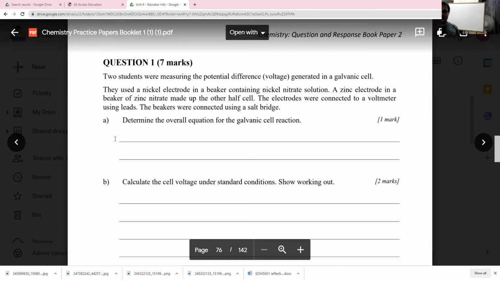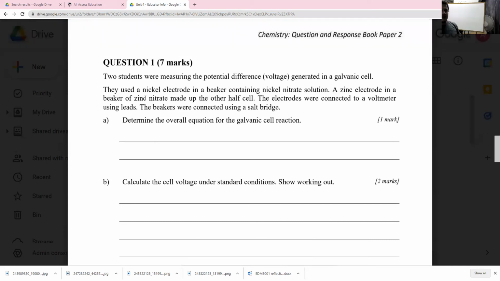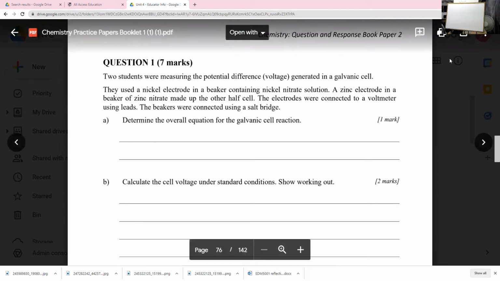So we've got a zinc electrode, and we've got a nickel electrode. So zinc has a higher reactivity than nickel. So zinc is going to start as a neutral compound.